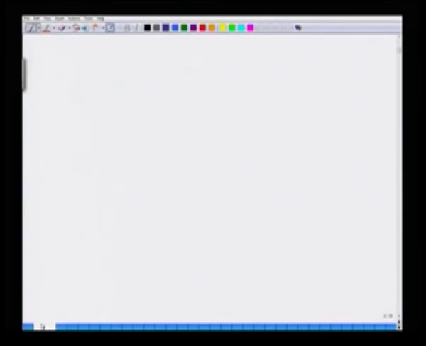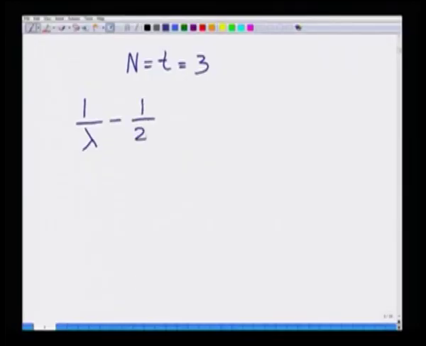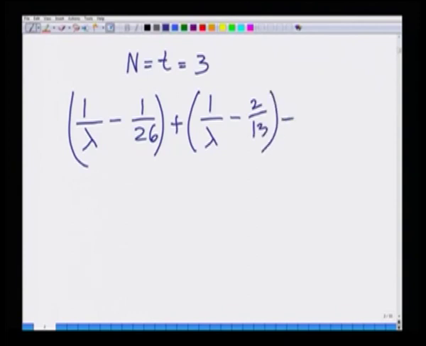And we said we have to follow an iterative procedure where first we set n equals t equals 3. Now, I am going to iteratively solve this: 1 by lambda minus sigma n squared by sigma 1 squared, that is 2 divided by 52, which is 1 by 26, plus 1 by lambda minus 2 by 13, plus 1 by lambda minus half, equals 0.75.